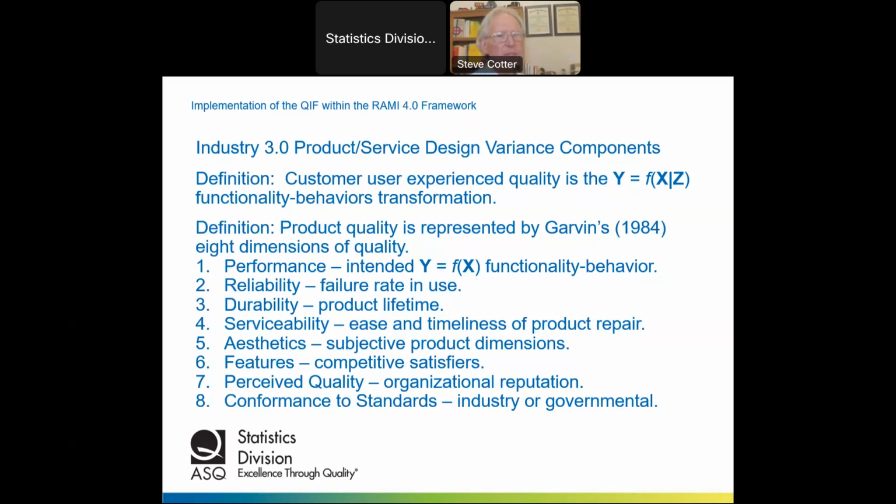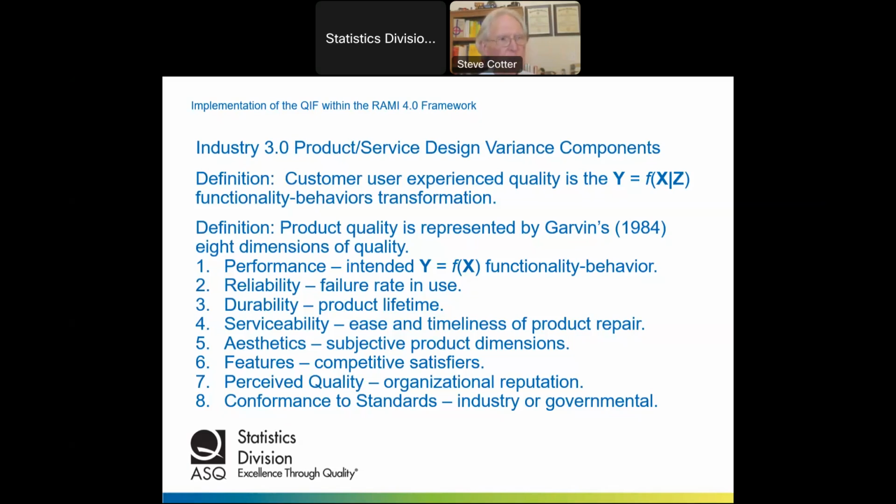Now, the definition: the 8 dimensions of quality are found on the ASQ website, well published, and come from Garvin's work, 1984. He noted that quality had been defined at that time from 5 traditional approaches.